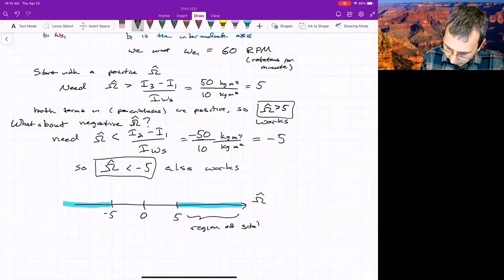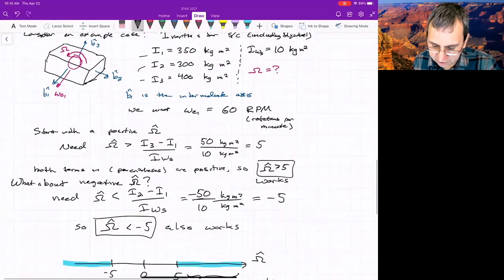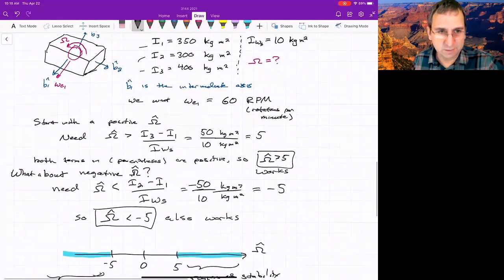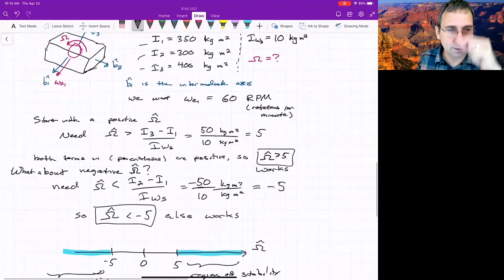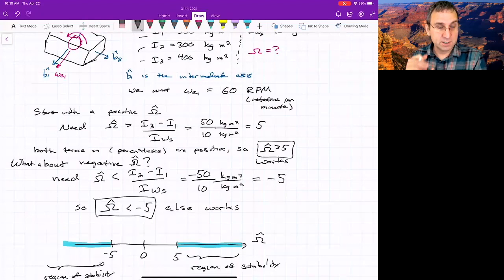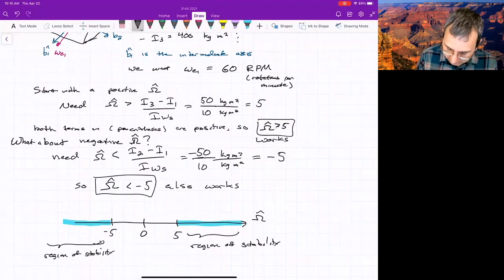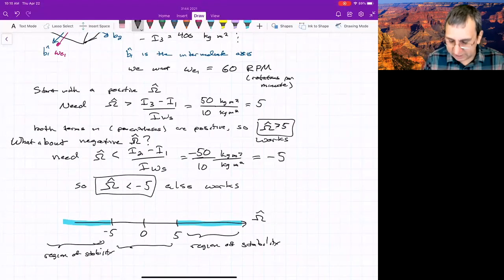So these are regions that lead to stability. And there's 2. If I didn't pick these particular values of I1, I2, and I3 so that the difference between the intermediate and the max and min was 50, then one of these would be closer to 0, which means it would actually be easier to spin in that direction. It might be the negative direction. I don't know.